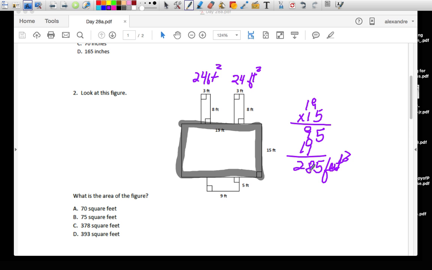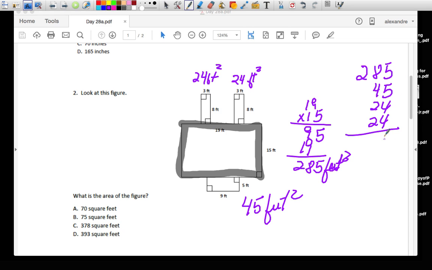So 285, 24, 24, and the last one is a 9 by 5, or 45 feet squared. So if I add those up, 285, 45, plus the two top rectangles, I get 378. Yes, I do have that, and it's this one.